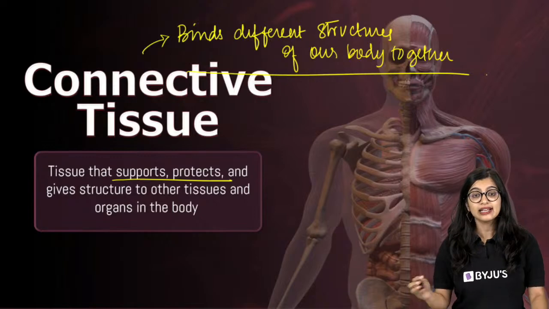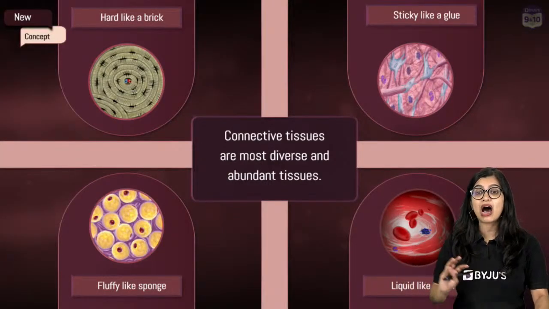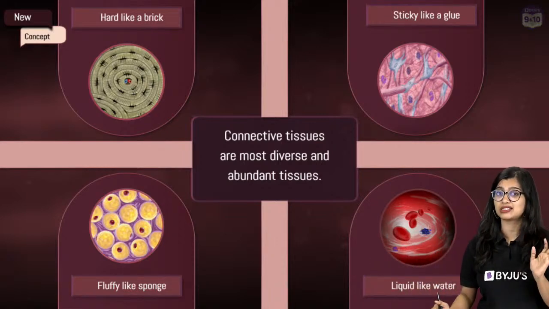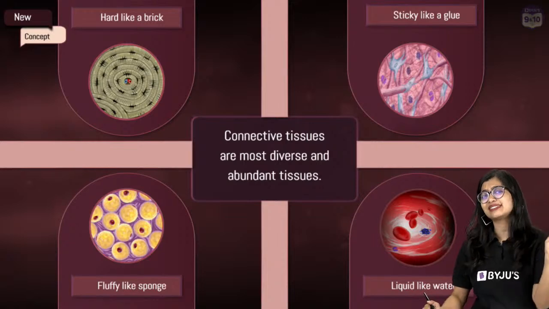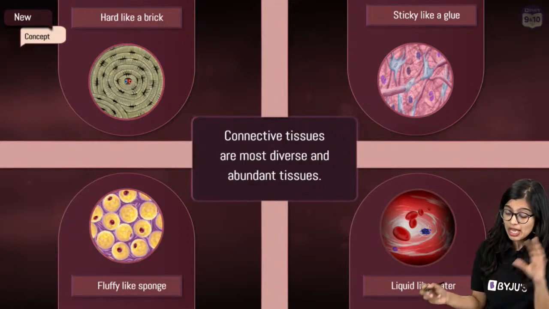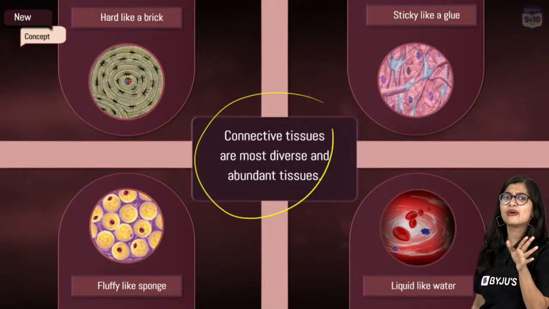Now, of course, we see that connective tissue has a wide variety. So far, when you looked at epithelial and muscular tissue, you saw that there was a basic pattern, right? There was a very simple and basic pattern to follow. But connective tissue is very diverse. It's very different from one another.